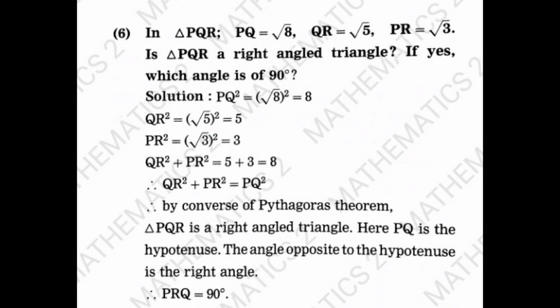So we are getting QR square plus PR square equal to PQ square, that is, the square of the largest side is equal to the sum of squares of the remaining two sides, and therefore by converse of Pythagoras theorem, triangle PQR is a right angle triangle. Here PQ is the largest side, which is the hypotenuse, and therefore the angle opposite to PQ, that is angle PRQ, is 90 degrees.